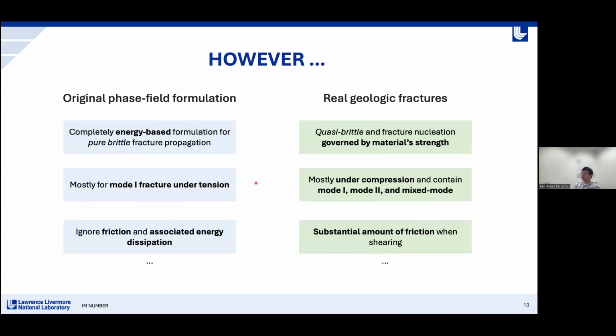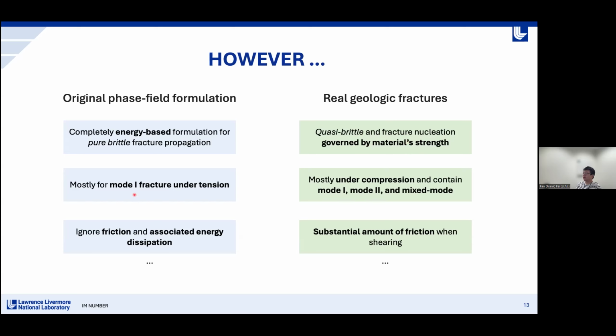But the problem is, when applied to geological fracture modeling, the phase field method still has a number of limitations. For example, the original phase field formulation is completely energy-based and designed for purely brittle fracture, but geological materials, especially rocks and rock-like materials, are characterized by quasi-brittleness, which means fracture nucleation is mostly governed by the material strength.